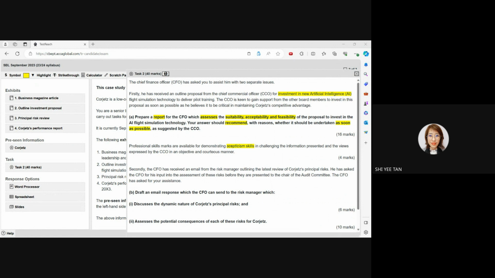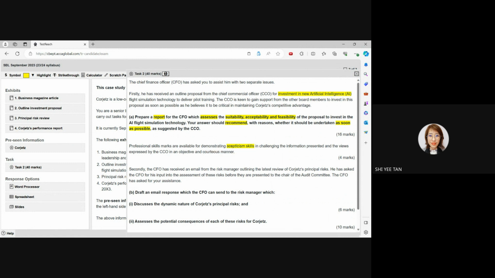Your points will be more in this direction. In challenging the information presented and the views expressed by the CCO in an objective and courteous manner, it means you cannot be rude. Professionalism, remember.